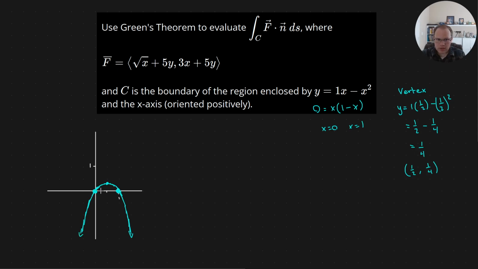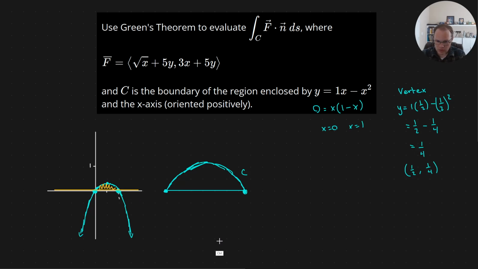So C is the curve that bounds this region right here. Okay, let's draw that a little bigger so we can really see. This is the region, and the boundary is curve C, because C is the boundary of the region enclosed by our parabola and the x-axis.